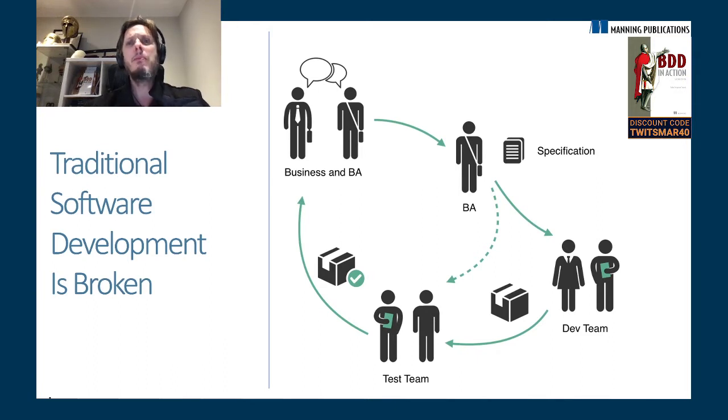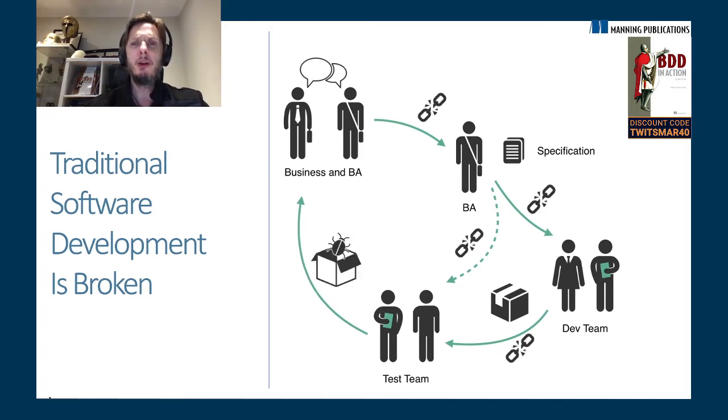The problem with this model is that it's pretty much flawed at every step, because at every point you get misinterpretation, misunderstanding, broken communication chains, poor feedback loops, and the errors just cascade all the way to the end, so that by the end of the process, the business person is not getting what they asked for in the first place, which is not cool.